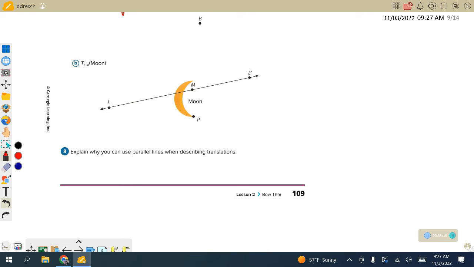So again, on my patty paper, I've got three points: P, L prime, and M. Now I'm going to take L prime and slide it to where L prime is on M. And whatever that does, P should be down here to the left as well. Again, I'm just going to eyeball that a bit. So P prime should be, give or take, right about there.